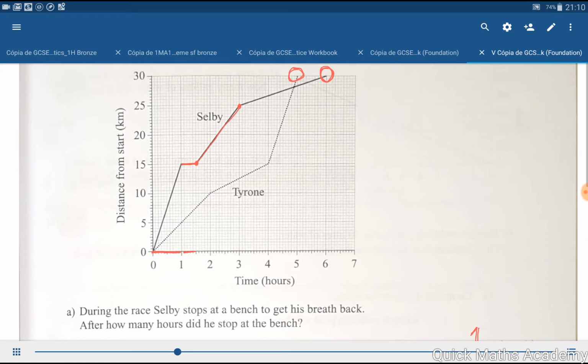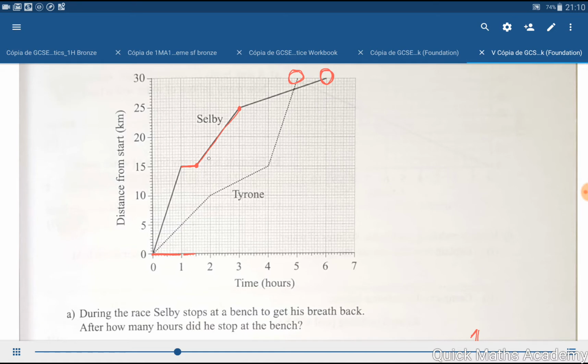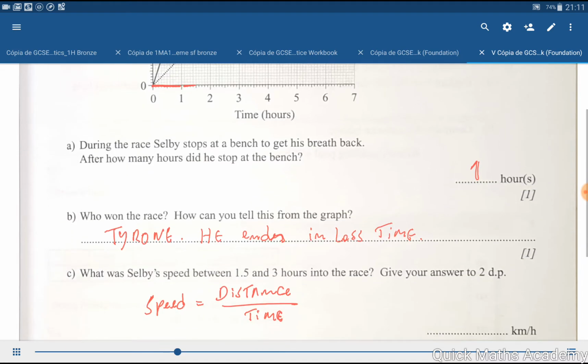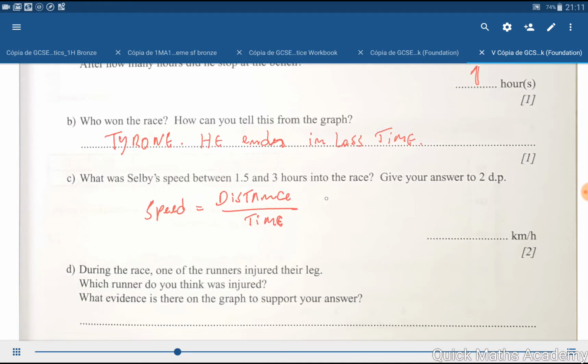He was at kilometer number 15 and went to kilometer number 25. So the distance was 10 kilometers. We write the distance is 25 minus 15, which is 10, over time.